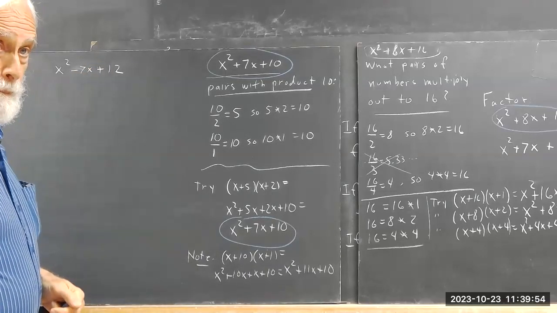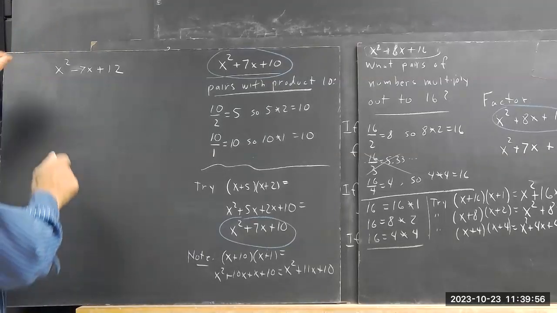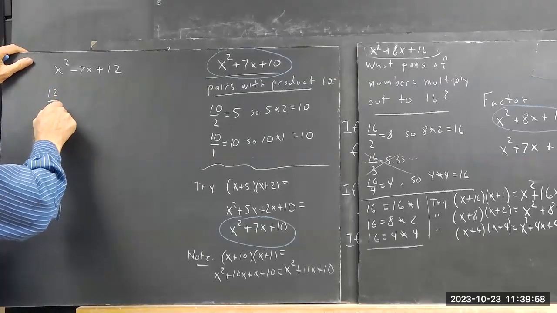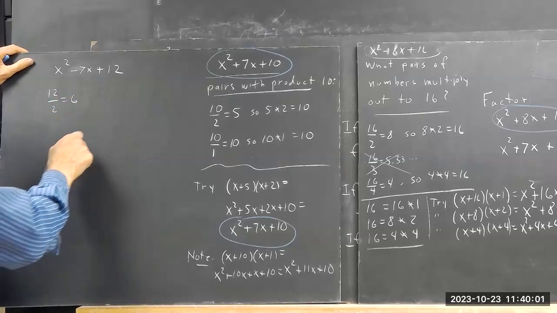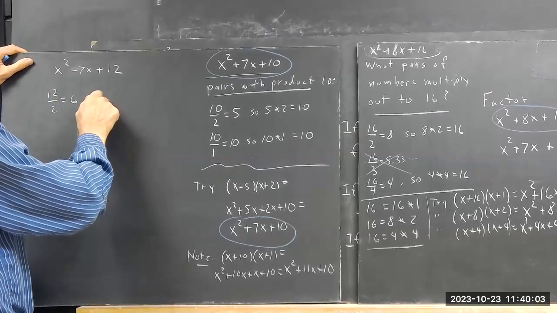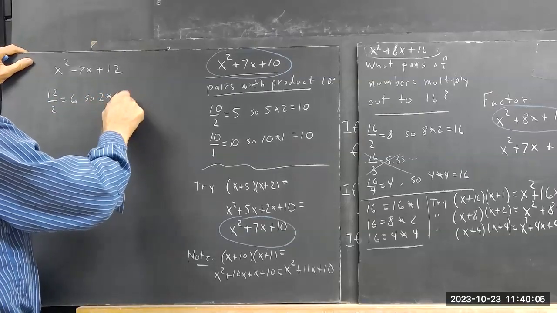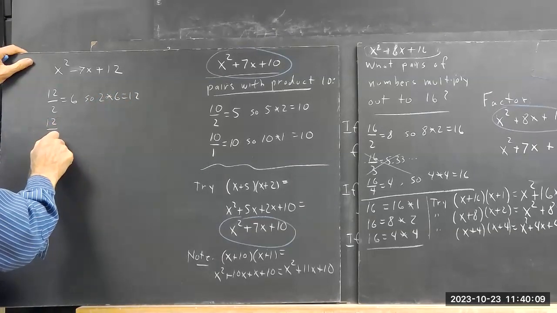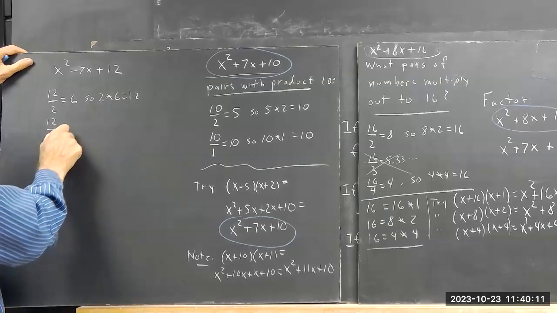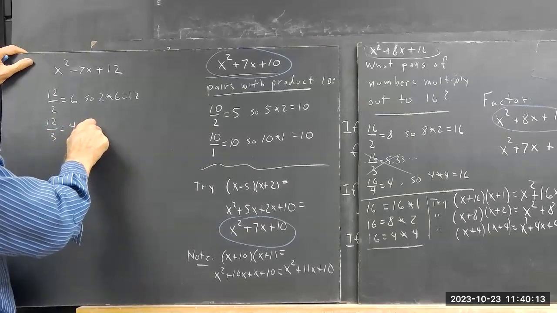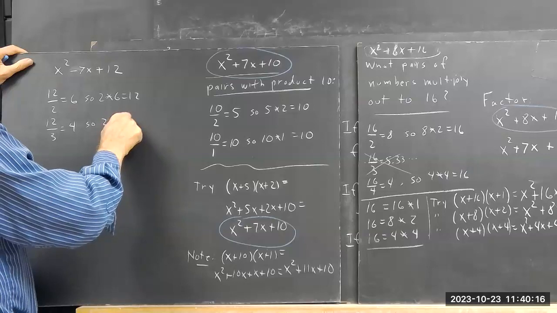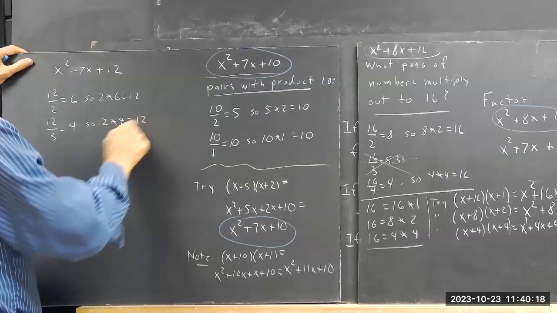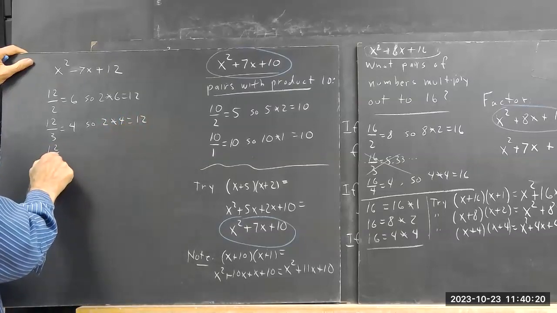Now we can break 12 down. We divide 12 by 2, we get 6. And 2 times 6 is 12. We could divide 12 by 3, and we get 4. So 3 times 4 is 12. We could divide 12 by 4.